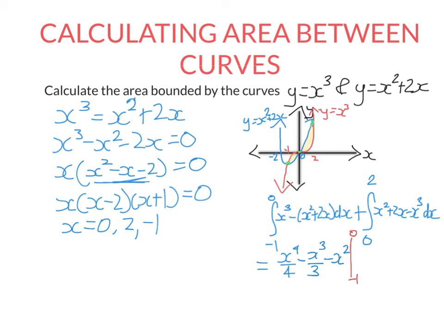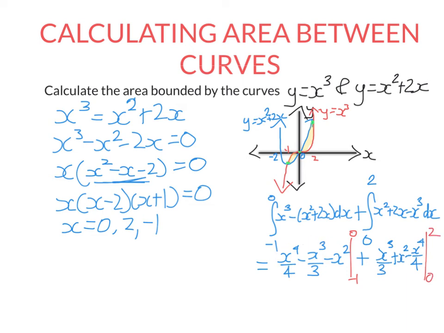We evaluate it between 0 and minus 1. Now I'm going to do the second one. This time it will be x cubed on 3, and the integral of 2x this time will be positive x squared, minus x to the power of 4 on 4. And we're going to evaluate that between 0 and 2.